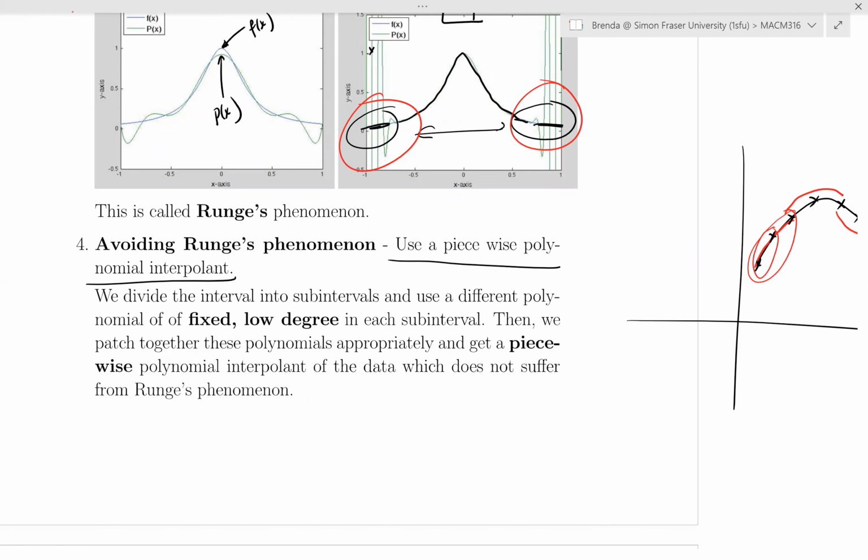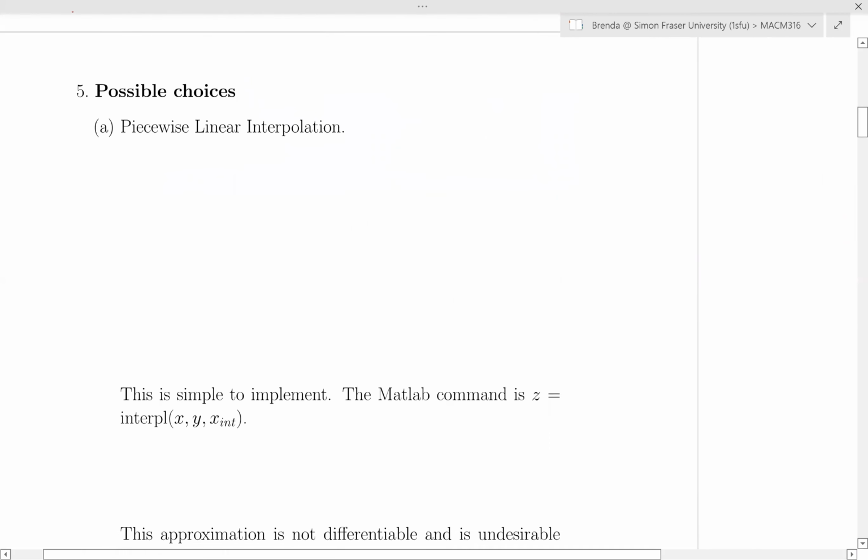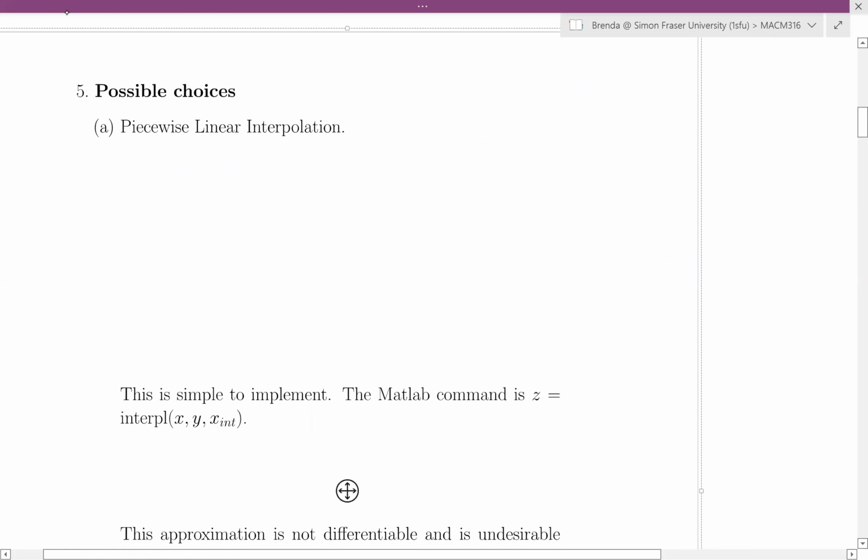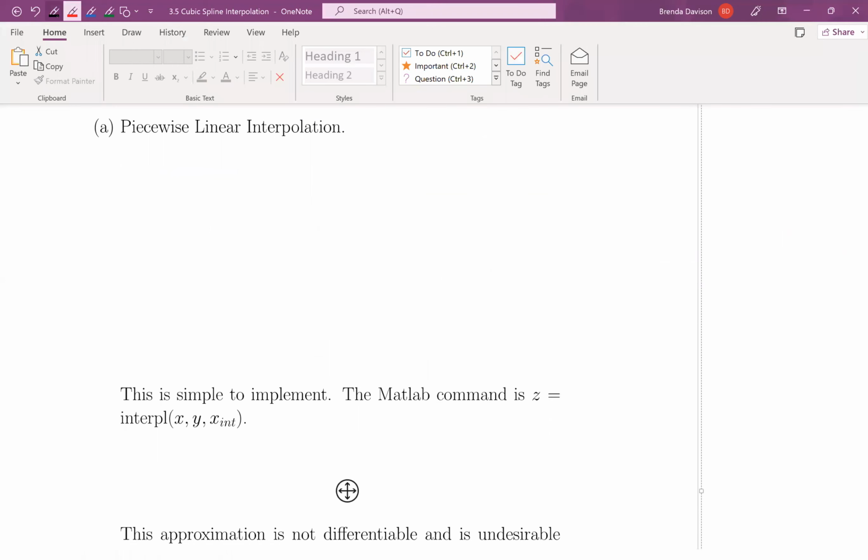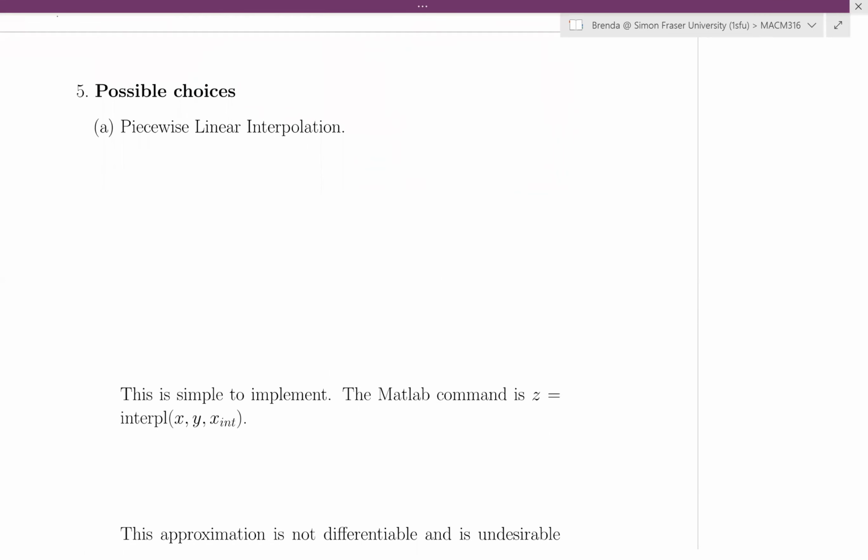First option, possible choices: we could do linear piecewise. Let's draw what that would look like. We could just put a degree 1 polynomial. We have our data here, x0, x1, x2, x3, x4. Let's choose 2 data points for each subinterval.